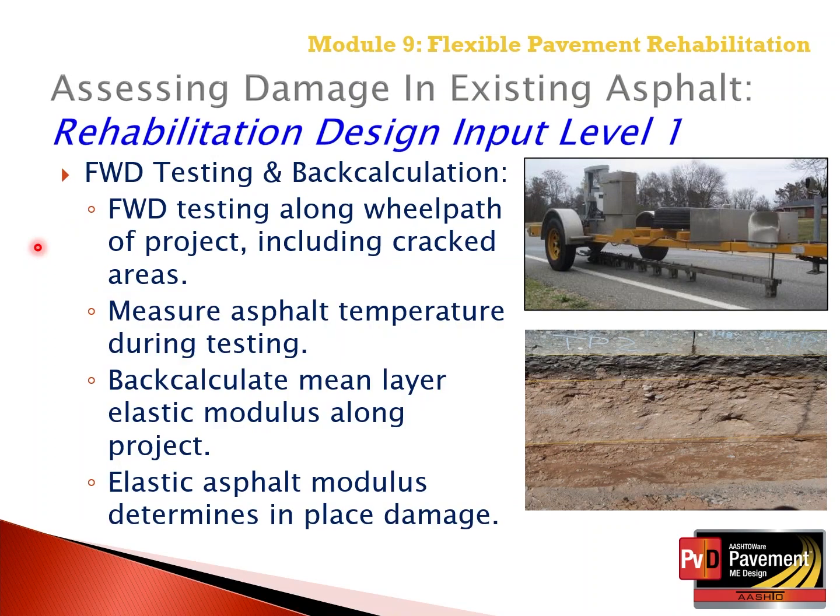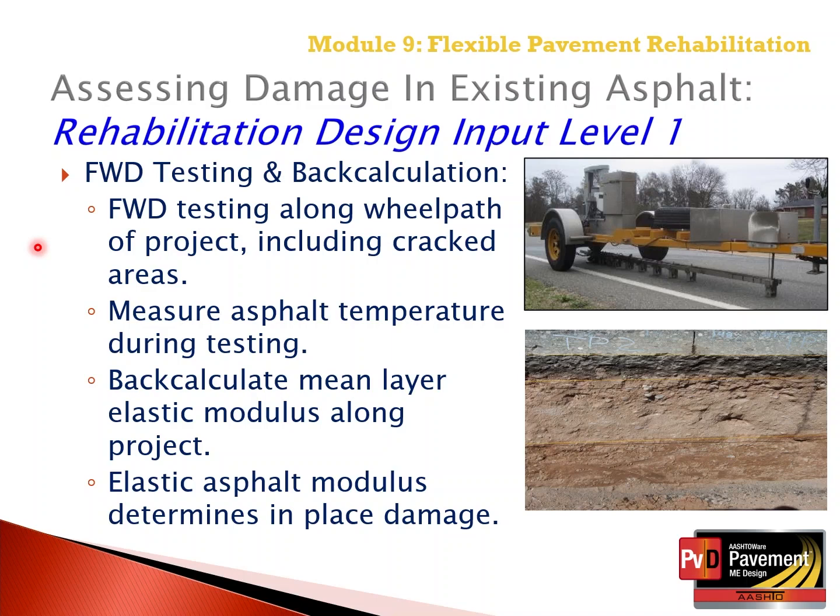We're going to briefly go through each of the rehab design input levels. Starting with rehabilitation design input level 1, FWD testing and back calculation are used. The FWD testing along the wheel path of the project, including cracked areas, is used to measure the deflection basins, which are then used to back calculate the mean layer elastic modulus for each layer along the project.